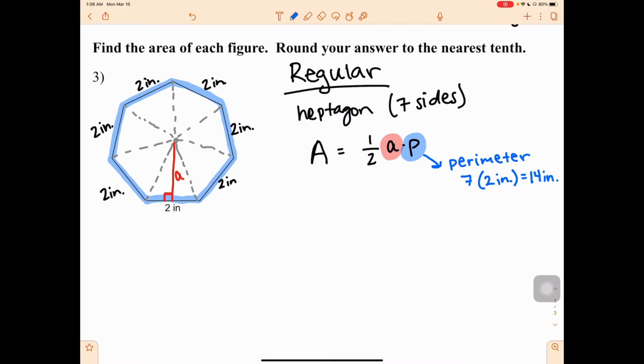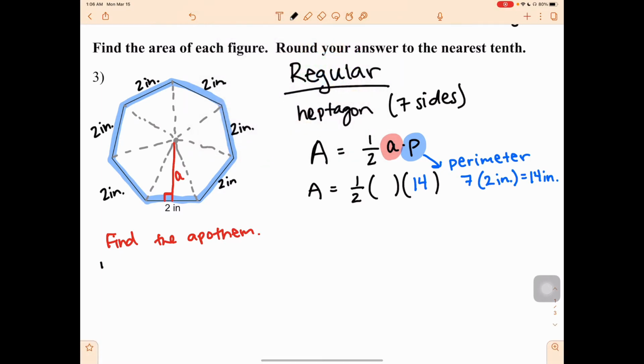So that's my perimeter, okay? So now so far I know A equals 1/2. I don't know my apothem, but I do know that my perimeter is 14. Okay, so we're going to go through finding the apothem.